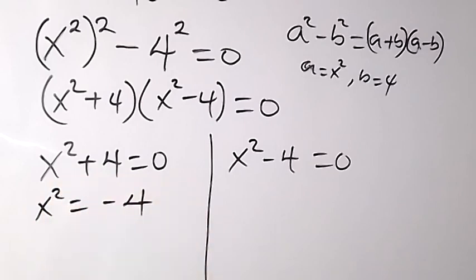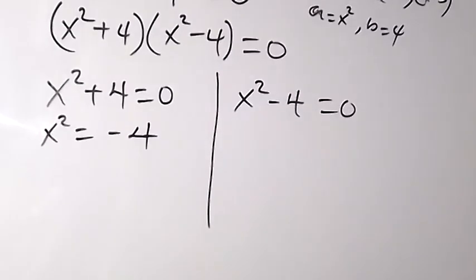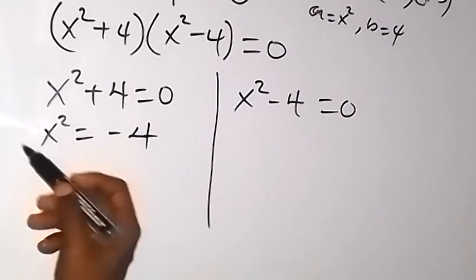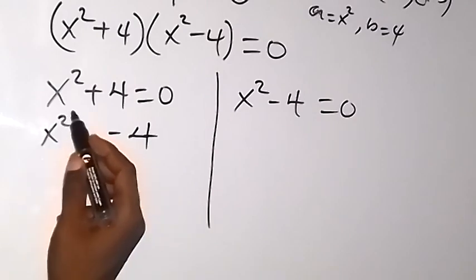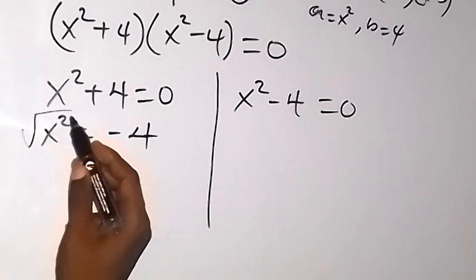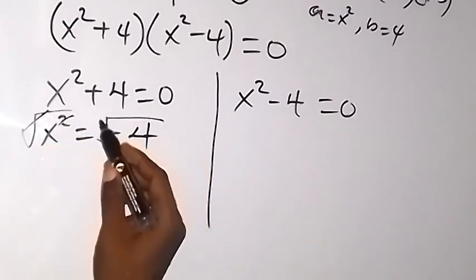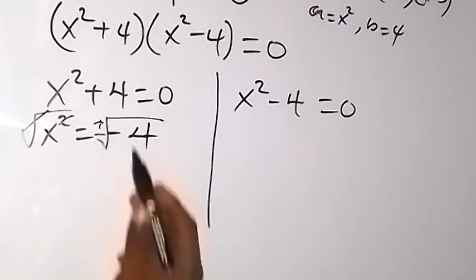And since we are finding the value of x, we can find the square root on both sides so as to remove this square here. When we take square root on this side, the square root will cancel square. And also taking square root on this side, we have two possible solutions, plus or minus.